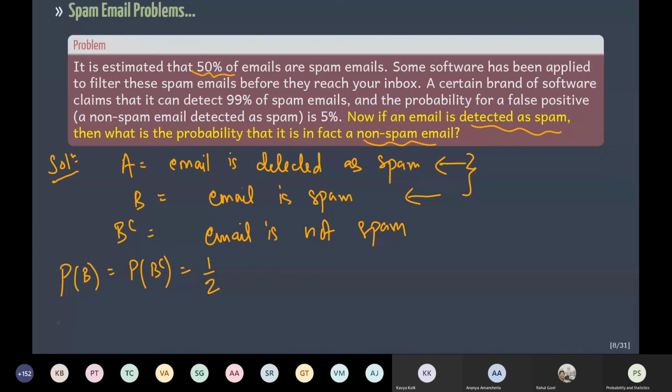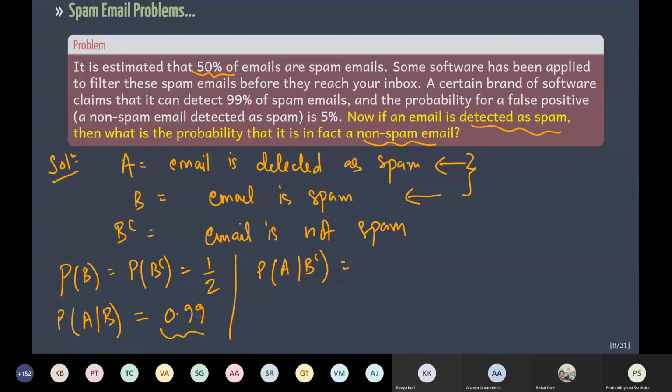And the probability of A given B: what is the probability that an email will be detected as spam given that it is a spam? That is 99%, which is 0.99 in probability.